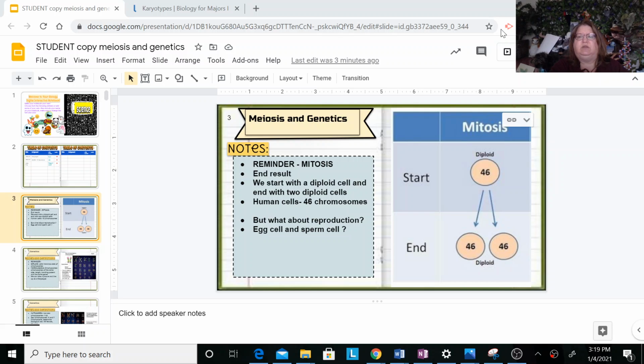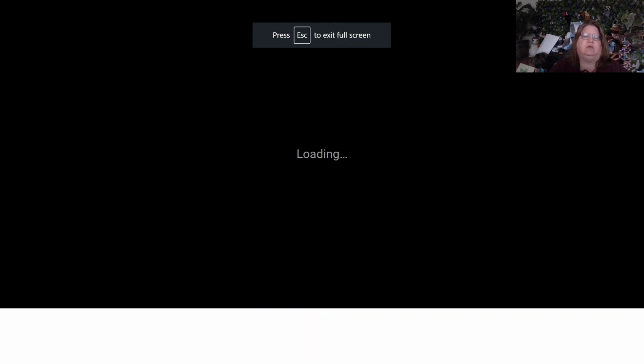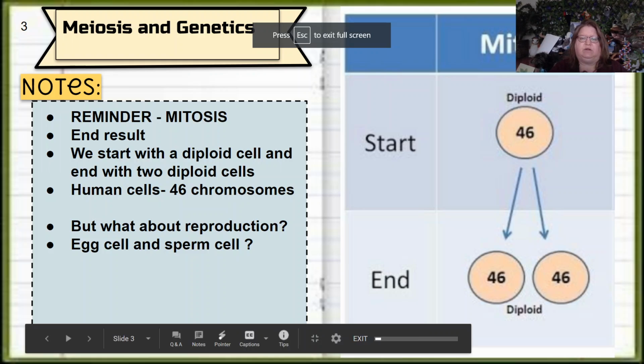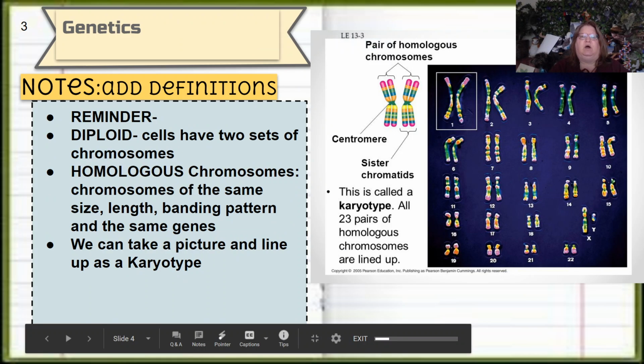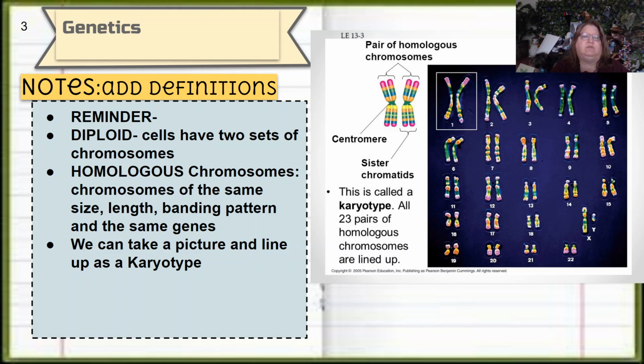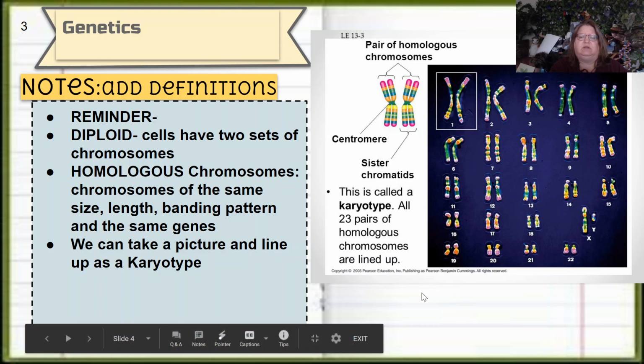Let me go ahead and present this so you can see it a little bit bigger. A reminder of a term that we already learned, diploid. Cells that have two sets of chromosomes are called diploid. Now, if you look at a cell in metaphase, you can see the chromosomes, take a picture, and sort them.